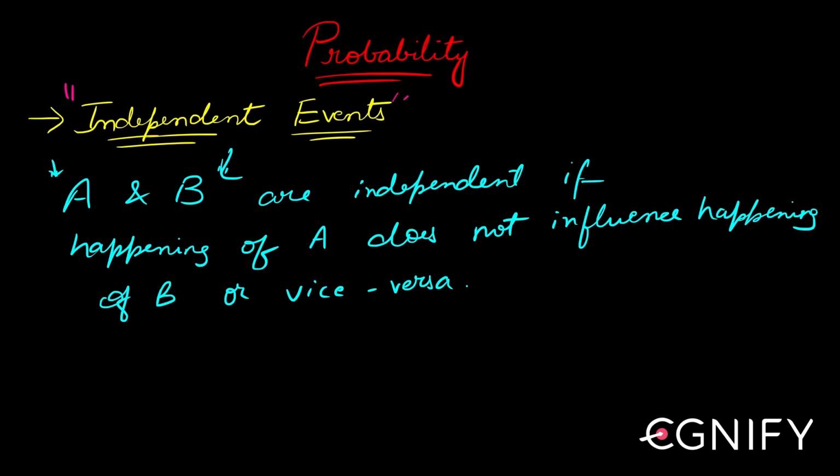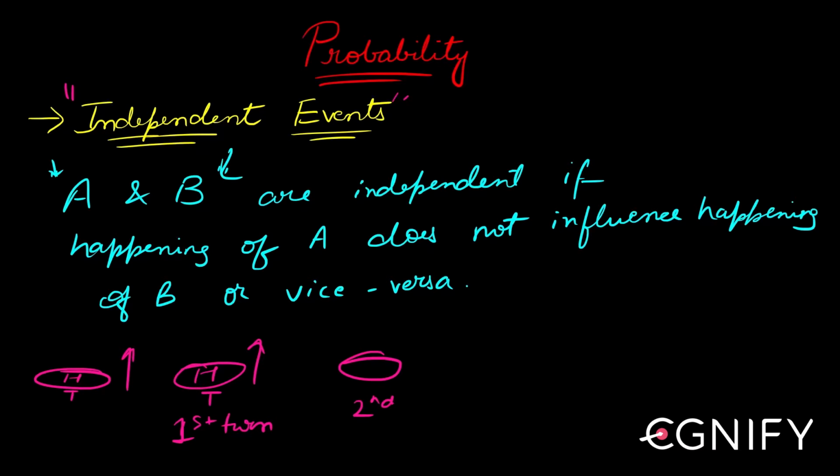Let's try to understand by taking a couple of examples. If you have a coin, it has a head and a tail. If I toss it, I might get a head or a tail in the first turn. If I toss it again, I might get a head or a tail in the second turn. Whatever you get in your first attempt is your A, the event of getting a head or a tail in the first attempt.